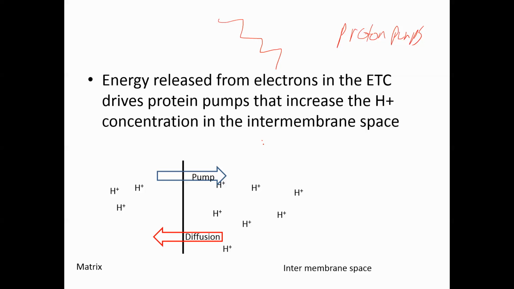So we have a high concentration out here of hydrogen ions or protons, and a low concentration out here. So remember, a hydrogen ion is basically just a proton because its electron is gone and it has no neutron. Okay, the only way for these ions to get back across is through a transport protein, and they can diffuse back with their concentration gradient back into the matrix of the mitochondria. That is how we make ATP.